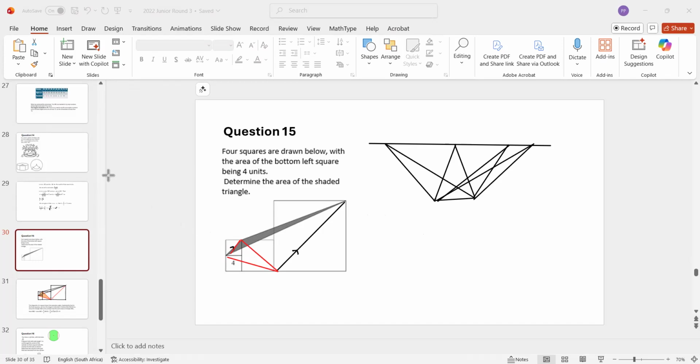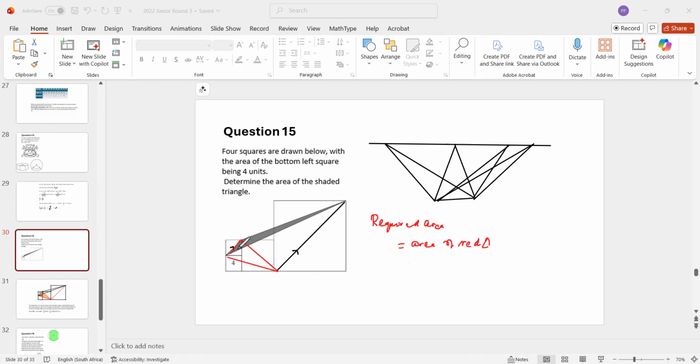The required area equals the area of the red triangle, because the red triangle has got the same base and the same height as the shaded triangle, whose area we were trying to calculate.